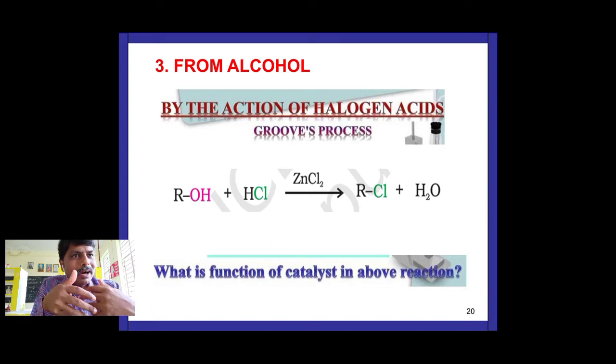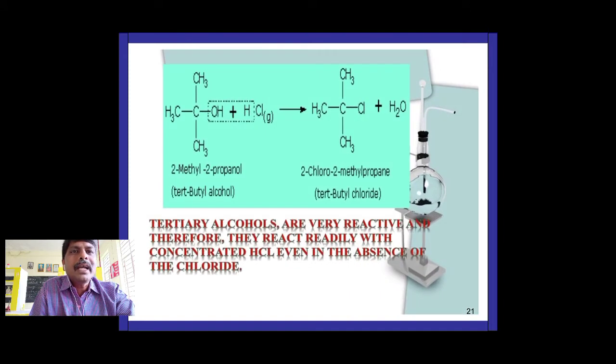So to remove water molecule, this ZnCl2 acts as a dehydrating agent. It is the role. So the role of anhydrous ZnCl2 is dehydrating agent. So you can take one more example. Instead of ROH, here I taken tertiary alcohol. Tertiary alcohol, 2-methyl-2-propanol, tertiary butyl alcohol.